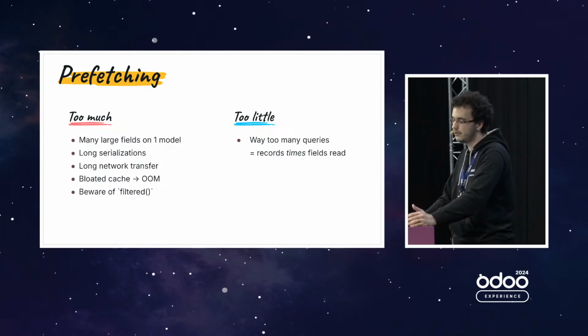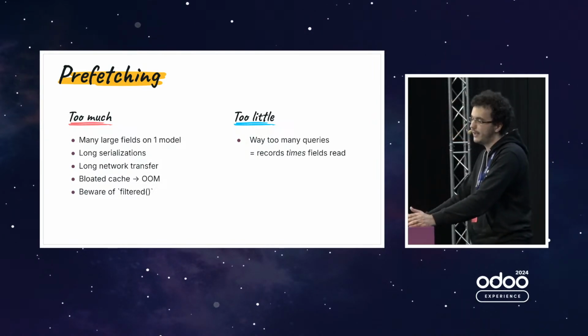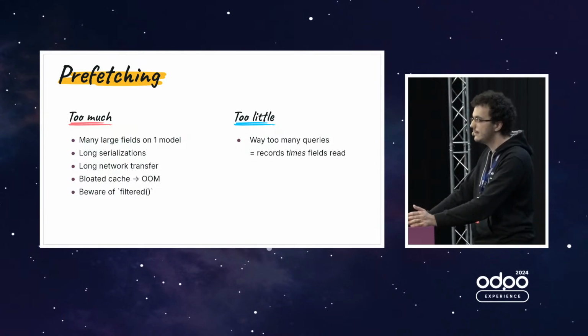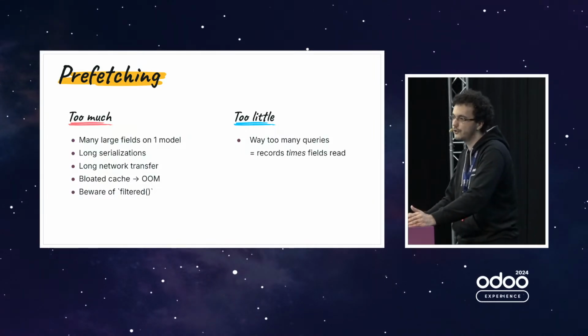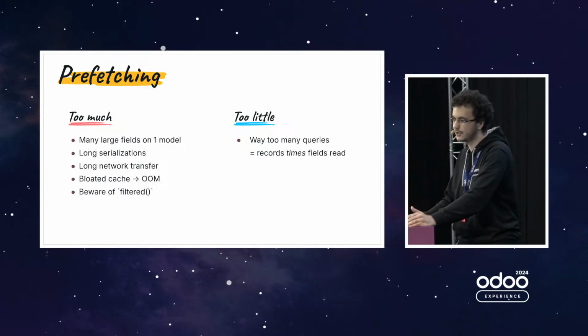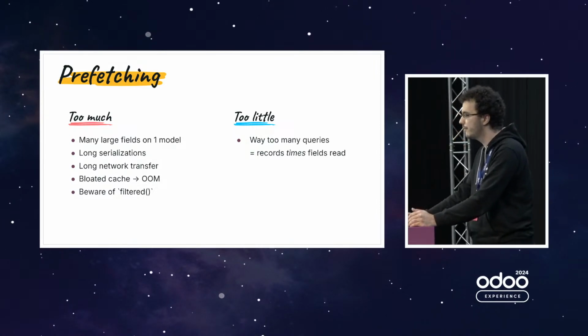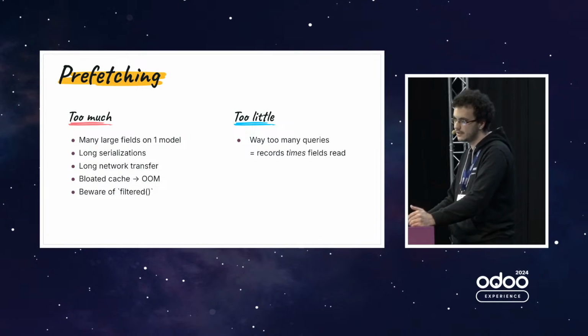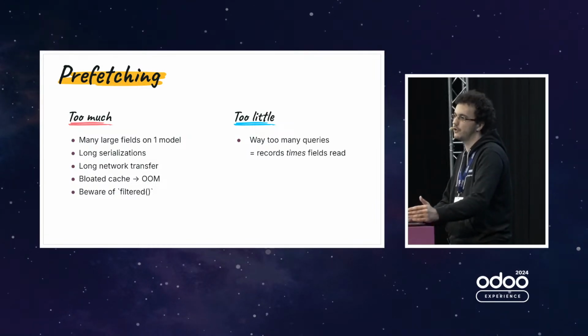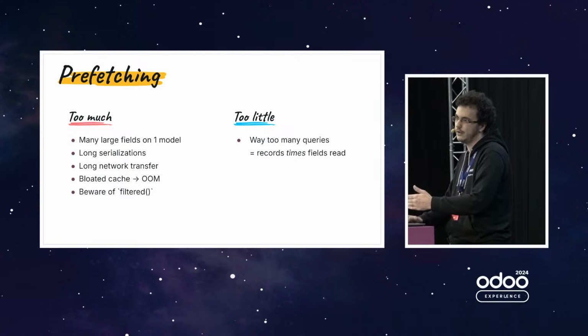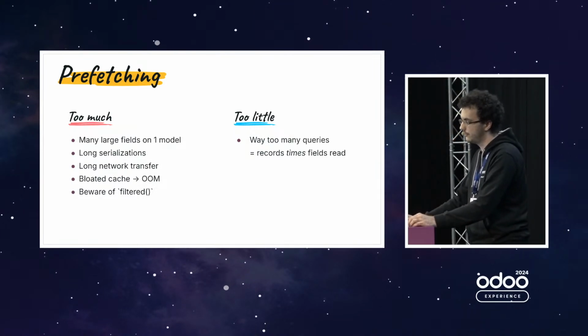So the optimization the ORM does is to prefetch: it selects all the IDs that belong to the record set on the first read on the first record and puts them in cache. So at the next iteration of the for loop, you have a cache hit and don't do a query for the names from the first to the last iteration of the loop.